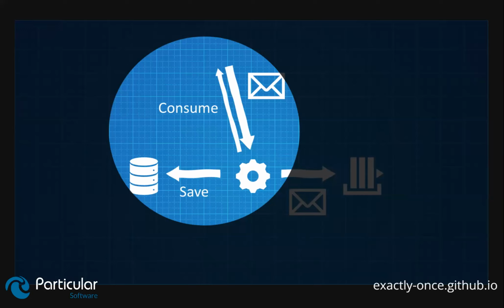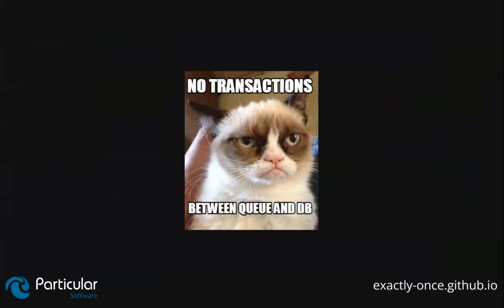The issue here is that, in most modern queuing systems, we have no transactions between the queue and a database. So we have those 2 operations, and we have no atomic transaction between them, which exposes us to a thing called partial failures.